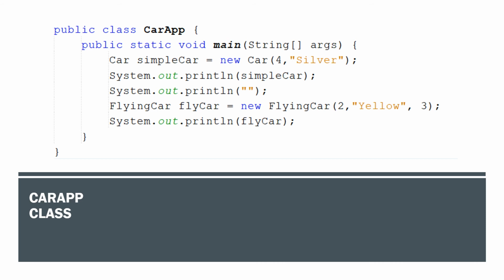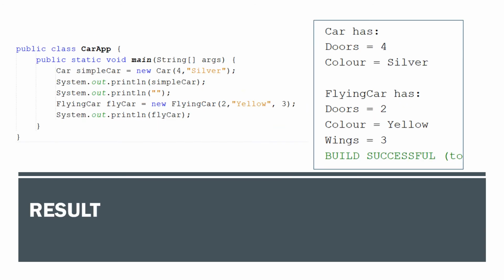Now we'll instantiate a flying car object. So FlyingCar flyCar equals new FlyingCar(2, "yellow", 3), 2 for doors, there's our color yellow, and 3 for the number of wings. There's our third parameter. And then we print flyCar. And this is what the result would look like.